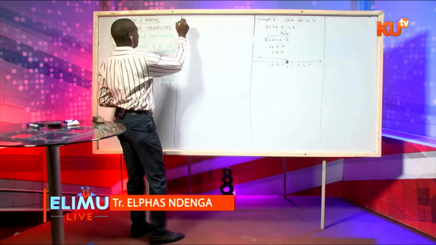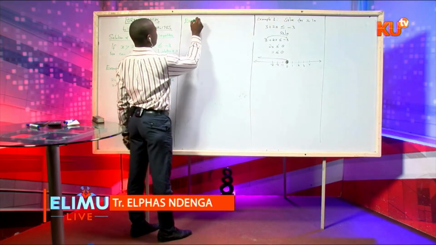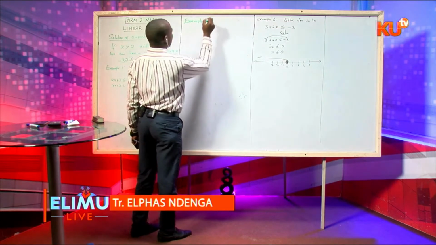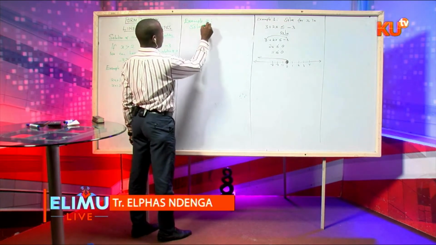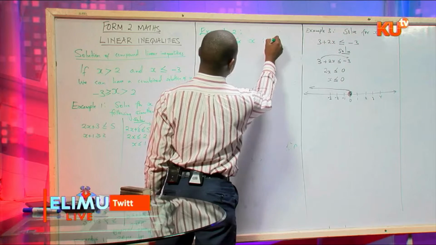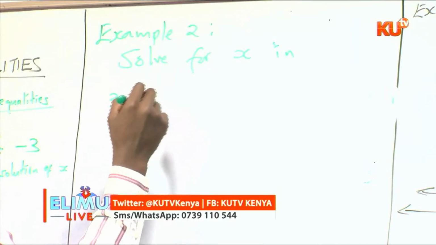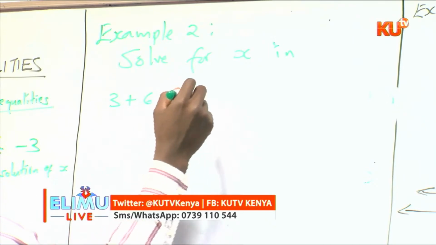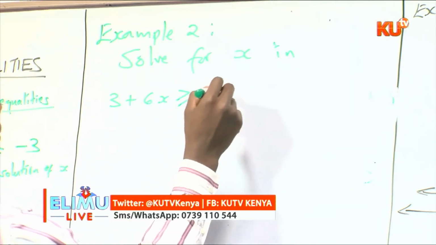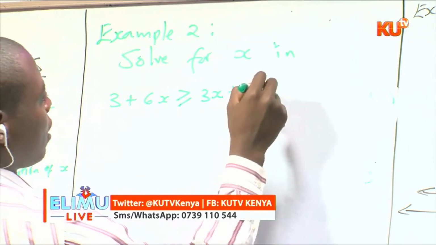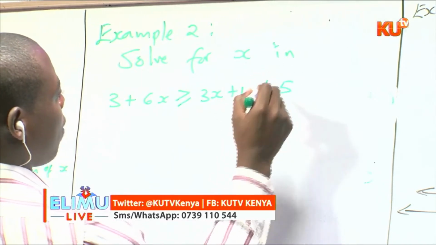Now, the same case can happen for this one. You're told to solve for x in 3 plus 6x greater than or equal to 3x plus 1 less than 5.